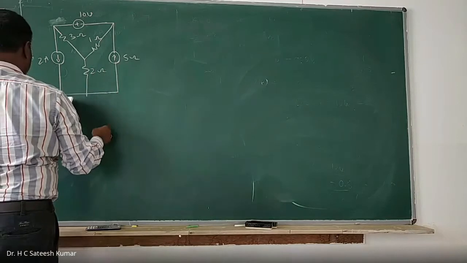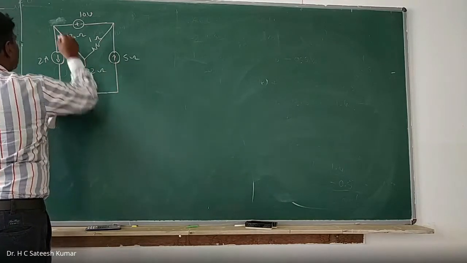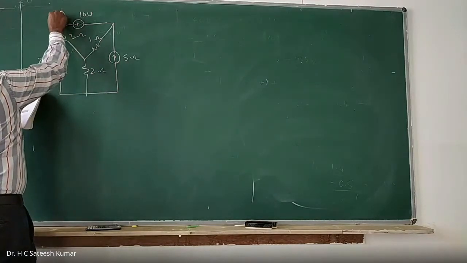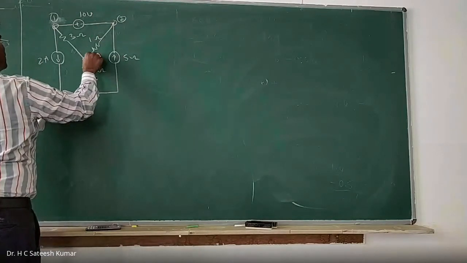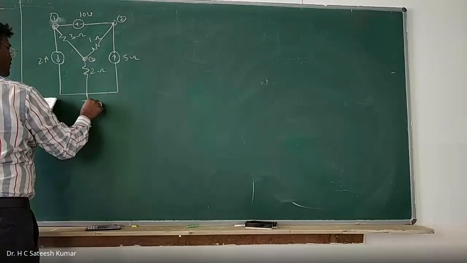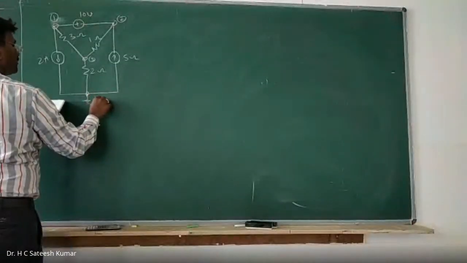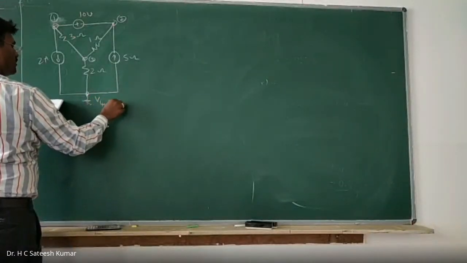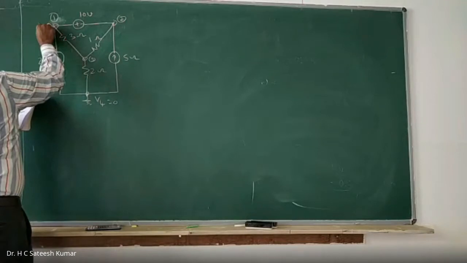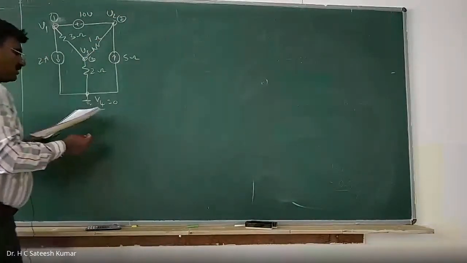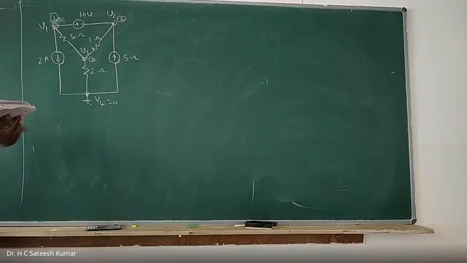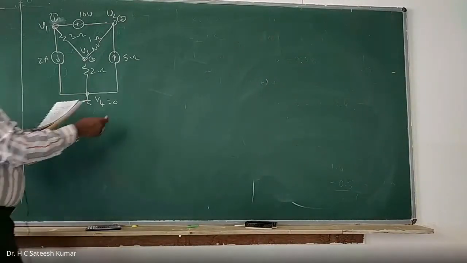He has given nodes: node 1, node 2, node 3, and this he said is the ground node, that is V4 is equal to 0. This voltage he called V1, V2, V3.